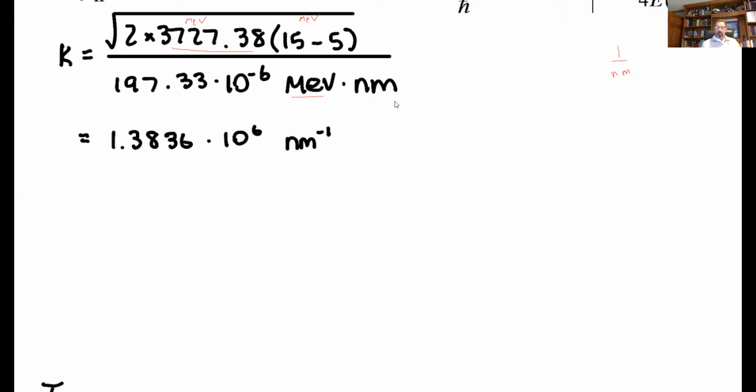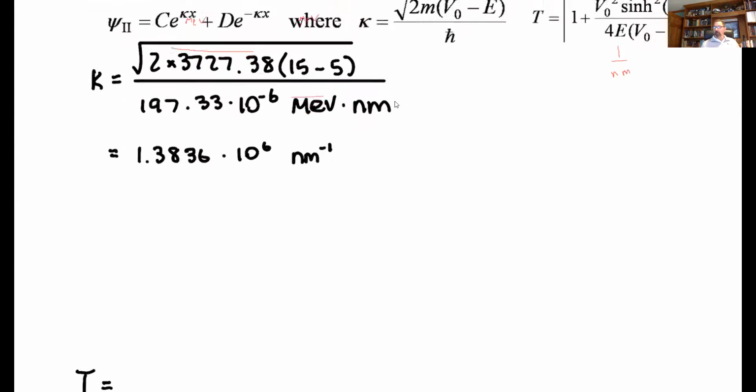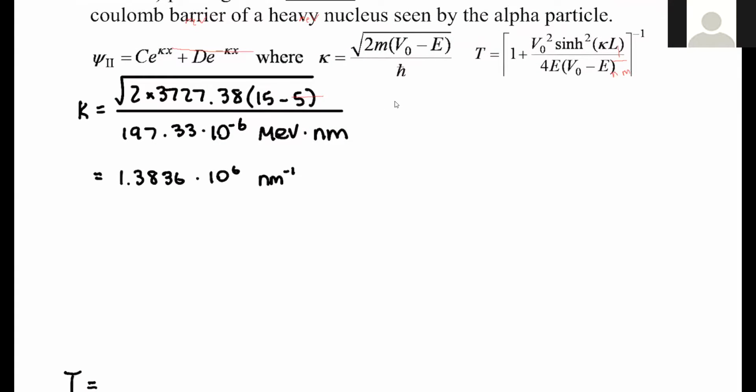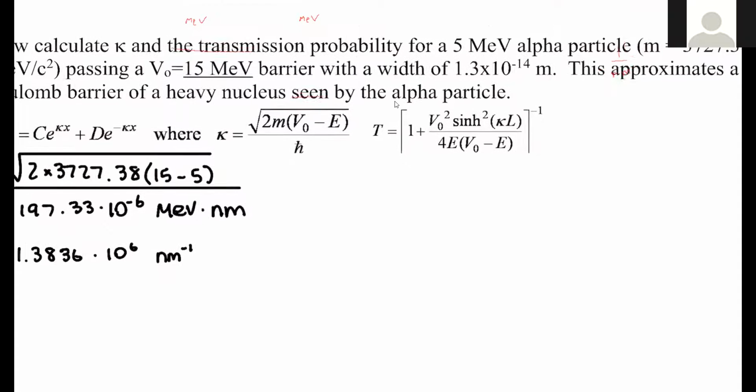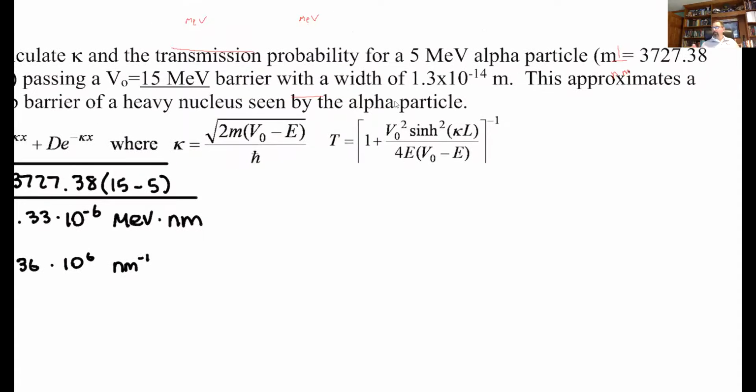Okay, now multiply that by the length of the barrier width, L. You have kL, a dimensionless number. Exactly right. L was this width here, and that's in meters. So that's 1.3 times 10 to the minus 5th, and 0.0014 meters.